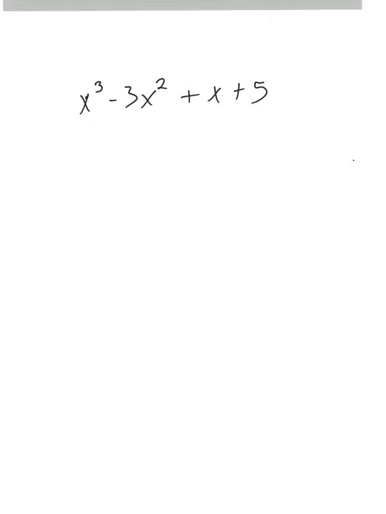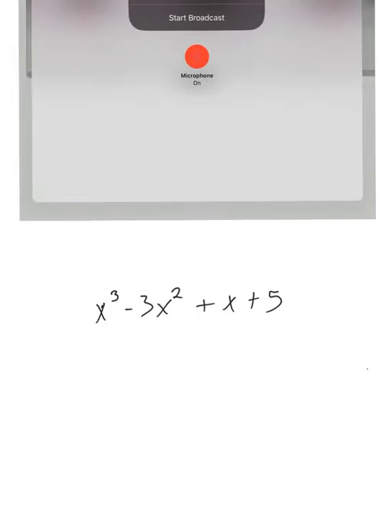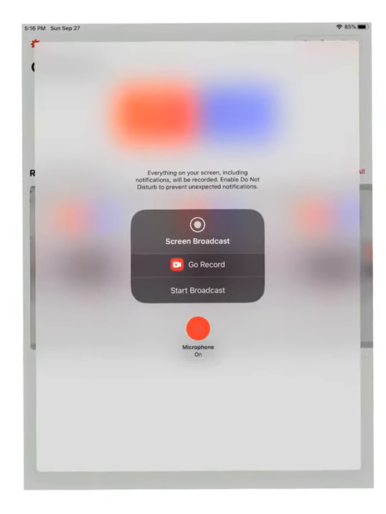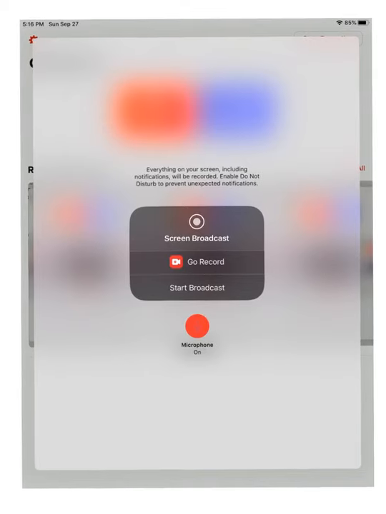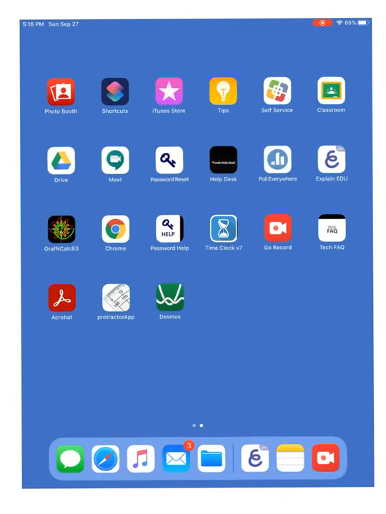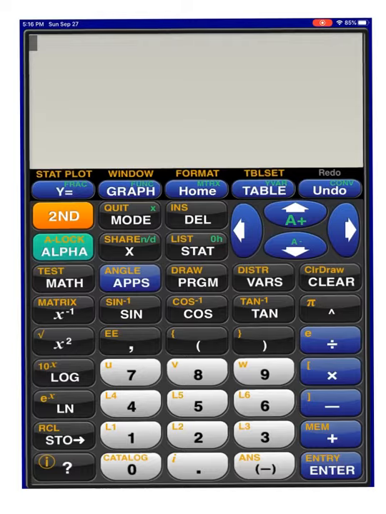Right away, to find the easiest first zero, I don't see an easy way to simply factor this, so we're going to graph it using the graphing calculator. So let's graph our equation.